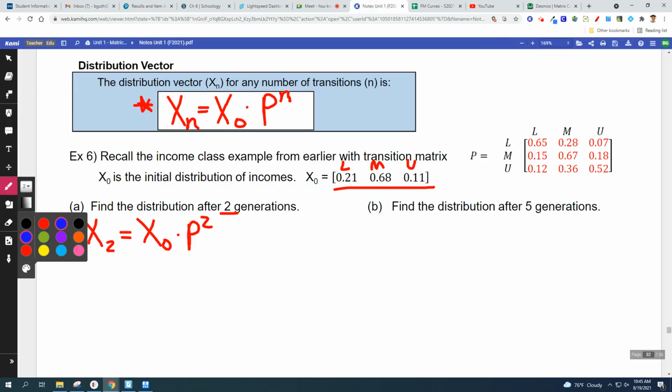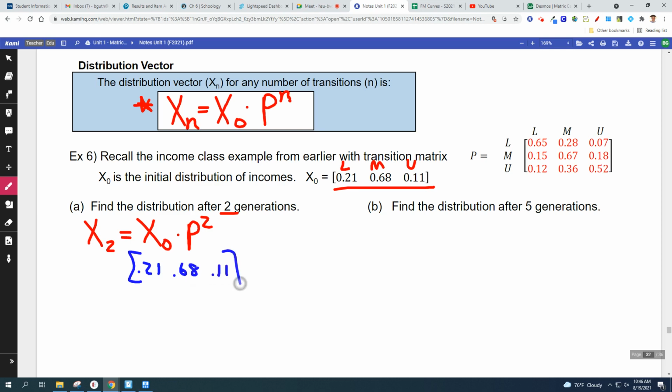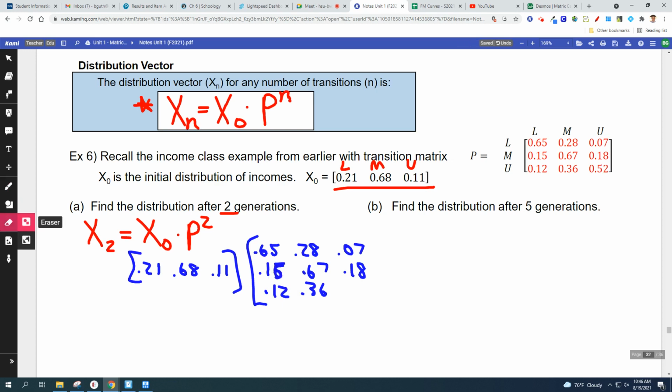Let me just write what I did here. We took the initial, which was 0.21, 0.68, 0.11, and we're multiplying it by the transition matrix with rows 0.65, 0.28, 0.07, then 0.15, 0.67, 0.18, then 0.12, 0.36, and 0.52, squared.